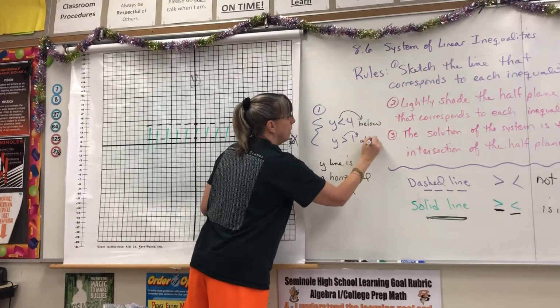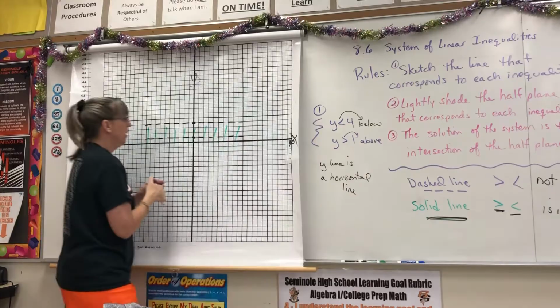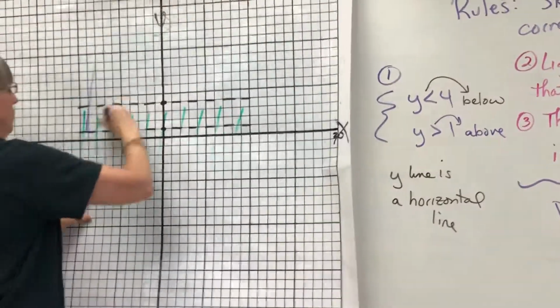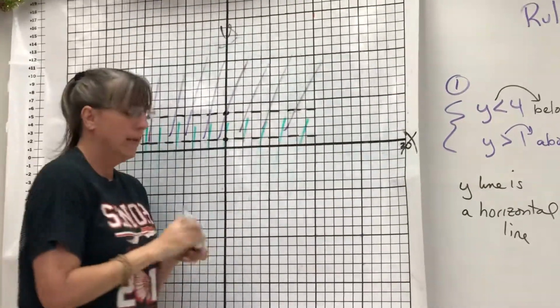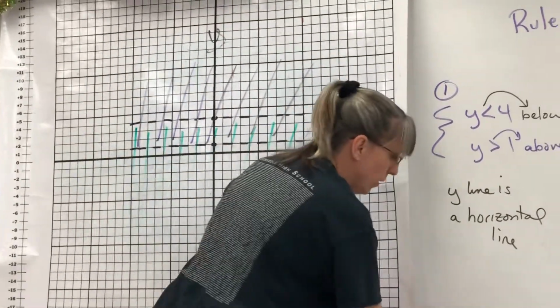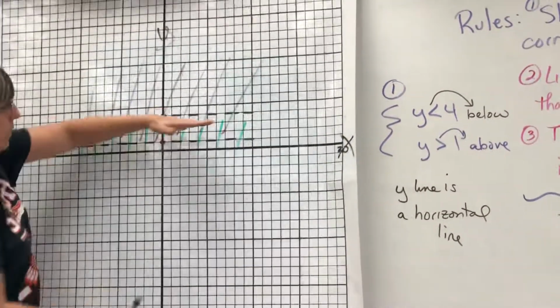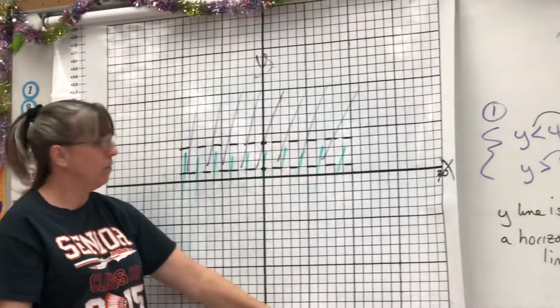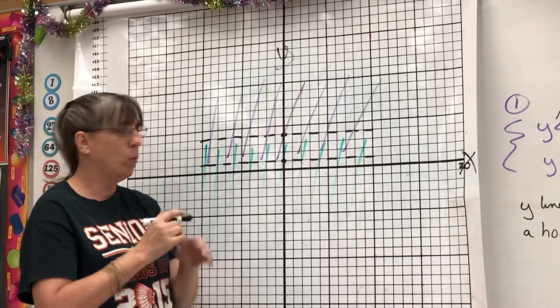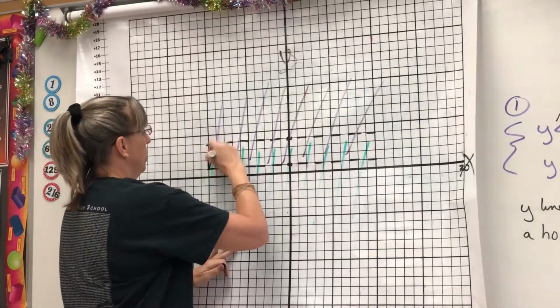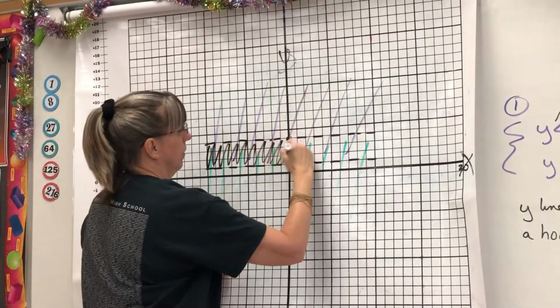Greater is above. So you shade above this line. Okay, now, if you notice, there's green from here down, and there's purple from here up. You want to find where they overlap, which is just in the middle.